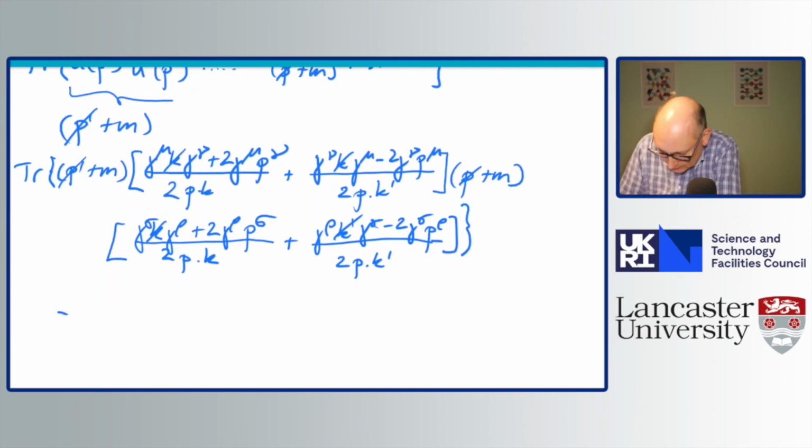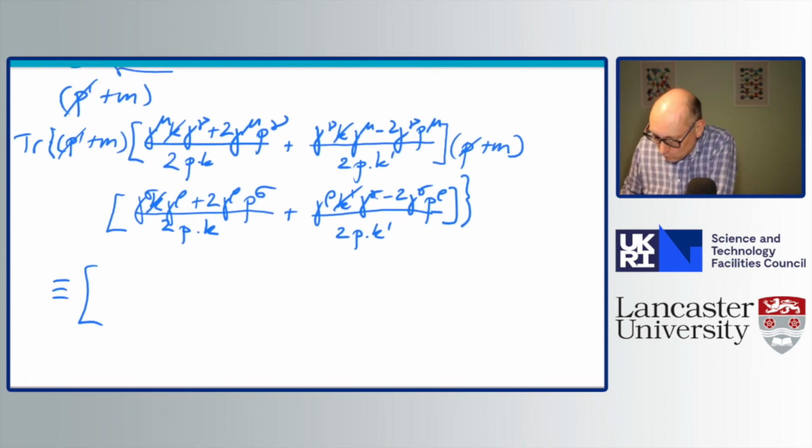So I'll just define that as, sorry, that's all we need. I'll define this. When we write out this product, we can get denominators that are p dot k squared, we can get denominators that are p dot k prime, we can get denominators that are p dot k prime squared, right?